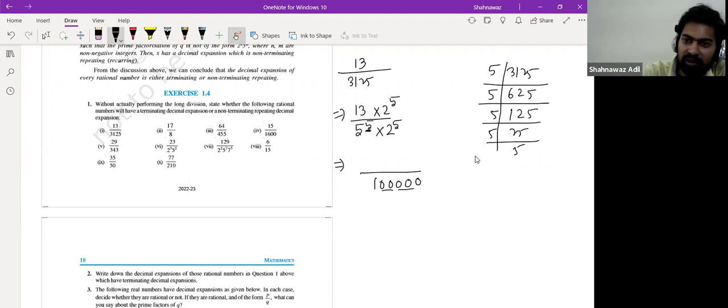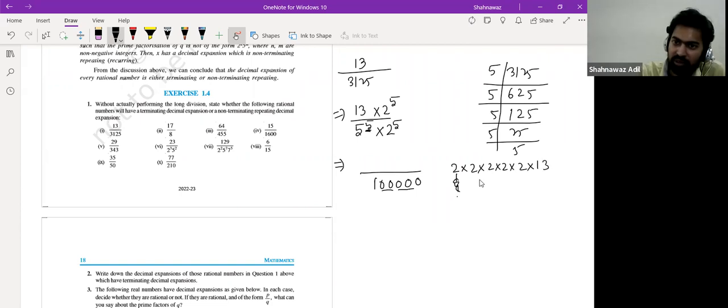And the numerator will be what? 2 to the power 5 is what? 2, 4, 8, 16, 32. Then let's multiply into 13. So 32 into 13 is 416.